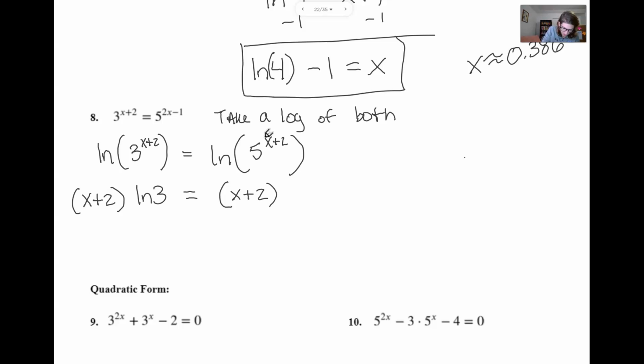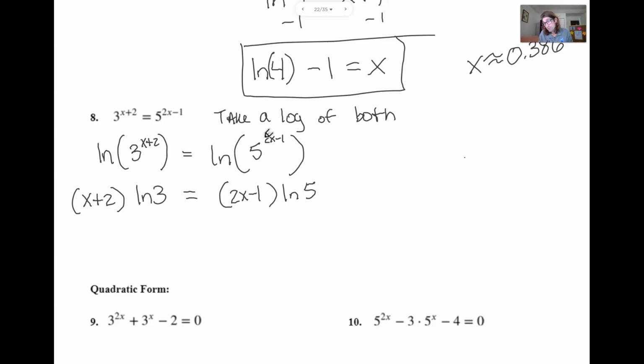Ooh, I wrote something wrong. I'm sorry about that. The exponent on the 5 is 2x minus 1. I'm actually not going to write parentheses around that 5. So here, we've gotten x out of the exponent on both sides.